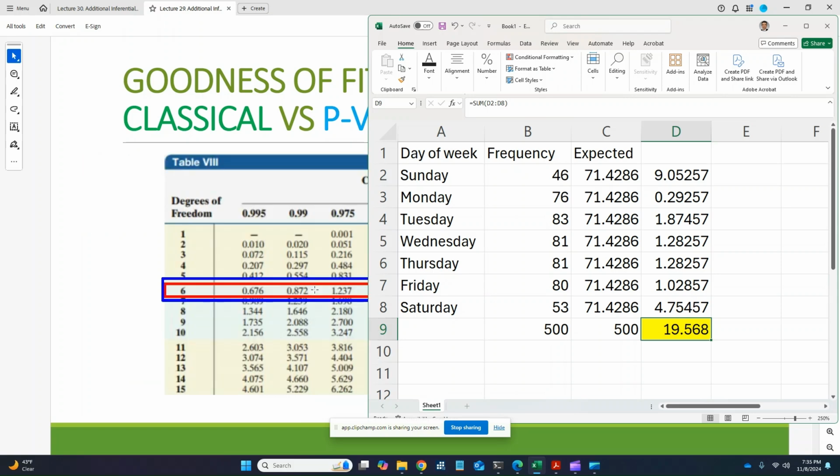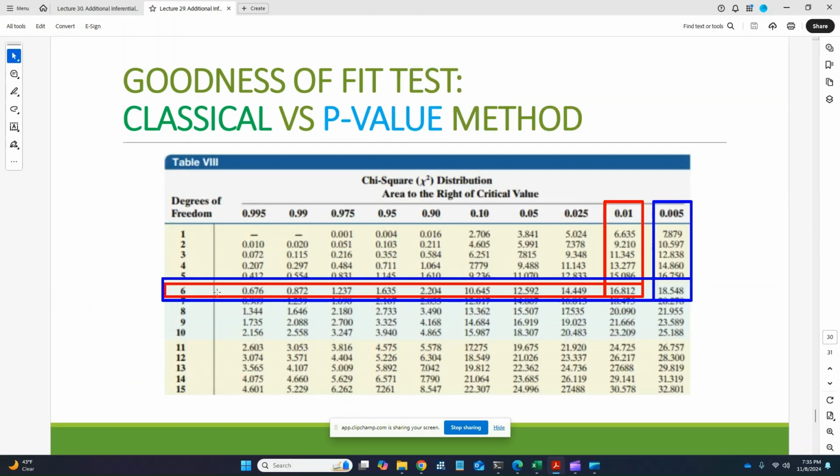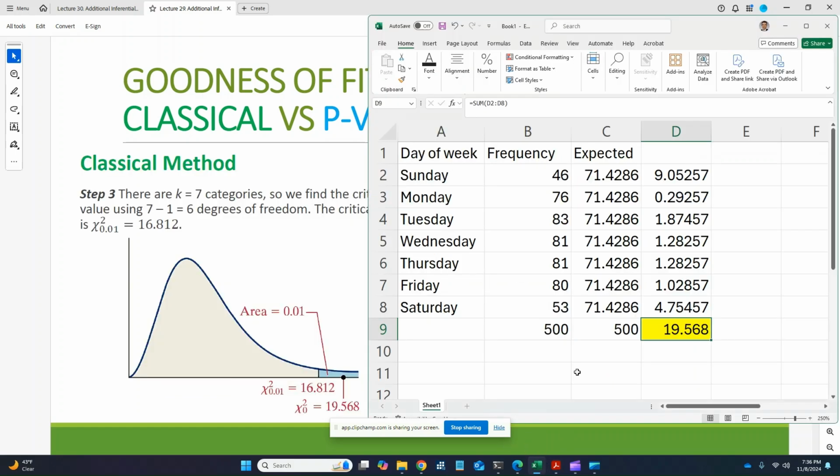We have seen in class how we can use this table to get the significance level, the associated probability and the chi-square statistic, but we can also use Excel to obtain that. For example, we already know that alpha equals 0.01, that means we want to be 99% confident.